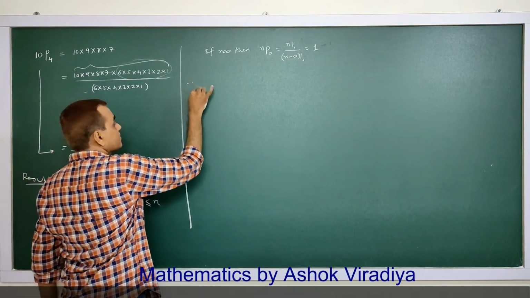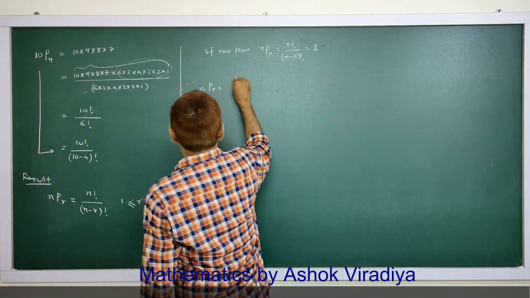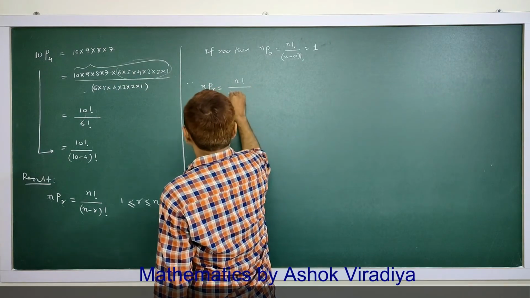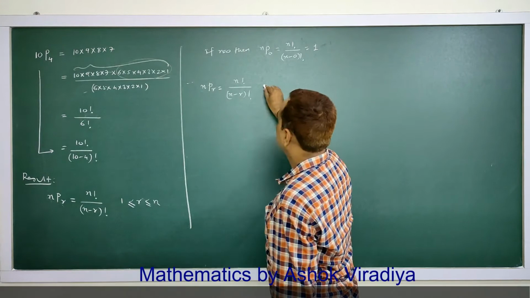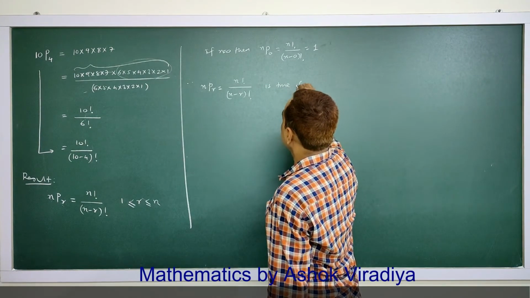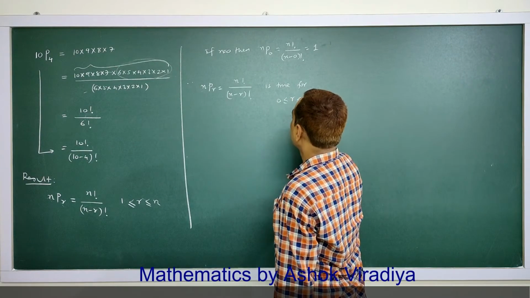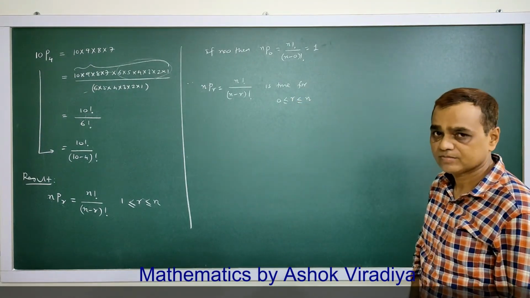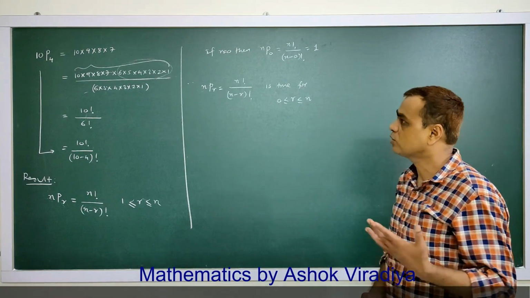Therefore, nPr is equal to n factorial upon n minus r factorial. It is true for r more than or equal to 0, less than or equal to n. So remember, nP0 is 1.